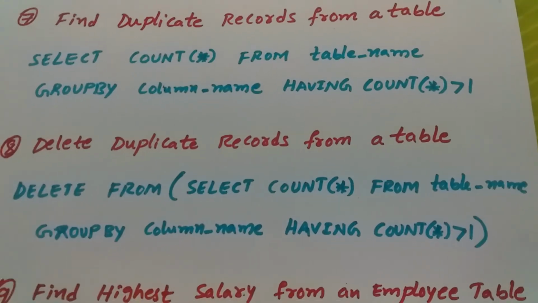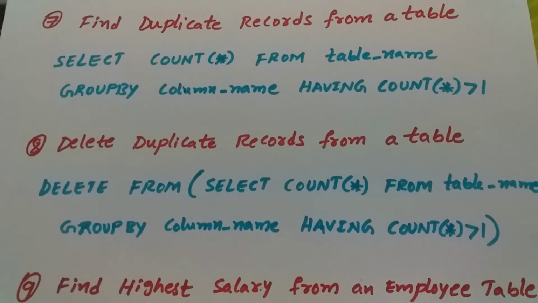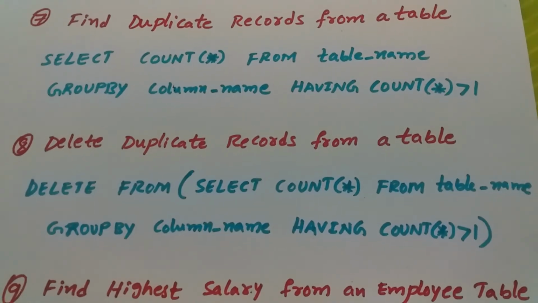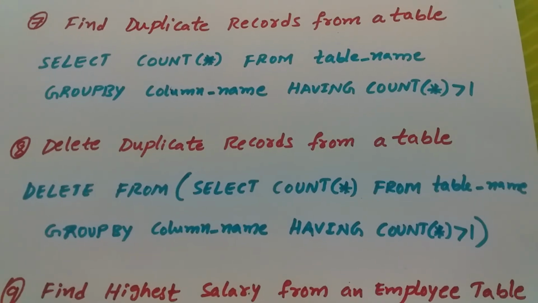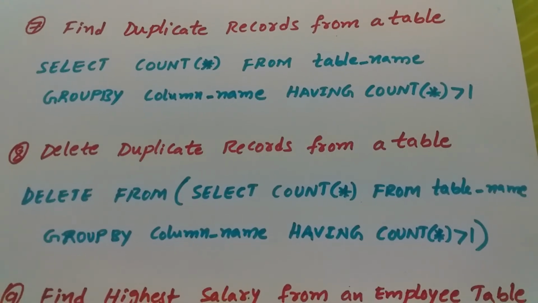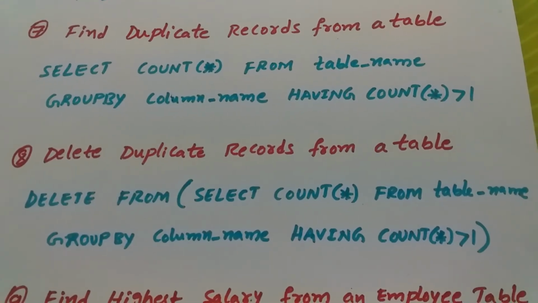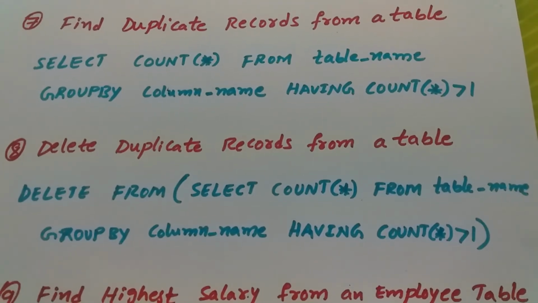Next, query number 8, delete duplicate records from a table. So for this we already have one query, how to find duplicate records from a table. So we'll just use the subqueries concept here. We'll mention the inner query as how to find the duplicate records from a table, and the outer query will be delete from.